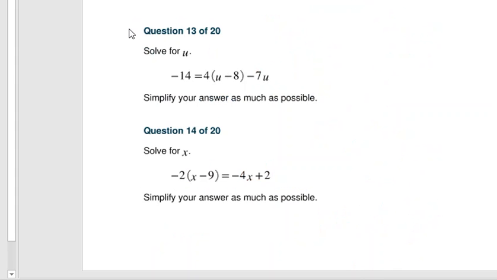Okay, let's go ahead and look at an example like question 13. Now you'll notice on question 13, you have a number 4 that's in front of a parentheses, and inside the parentheses you have a u and you have a negative 8. Whenever you are solving an equation, your very first step is to simplify the equation.